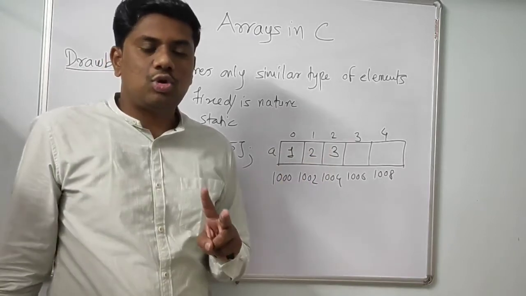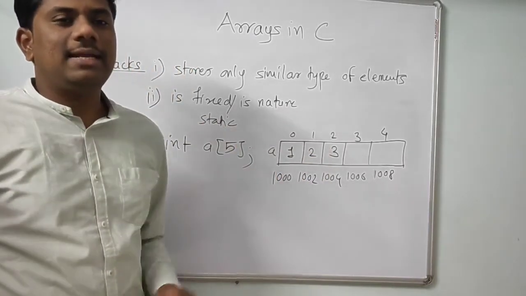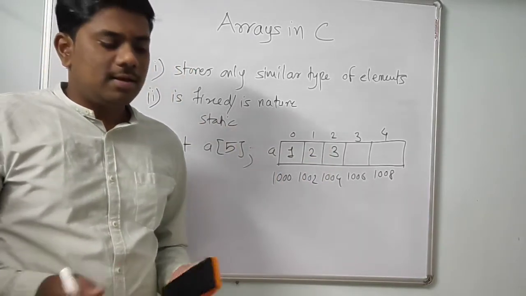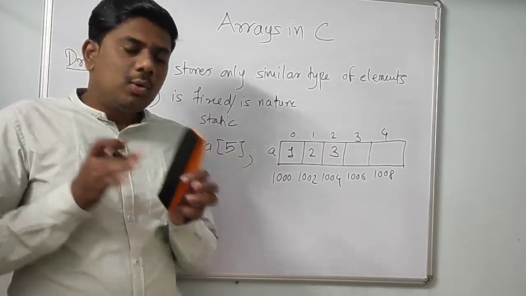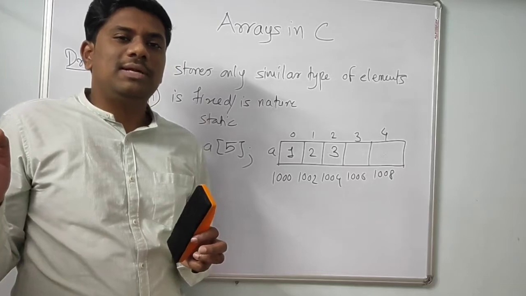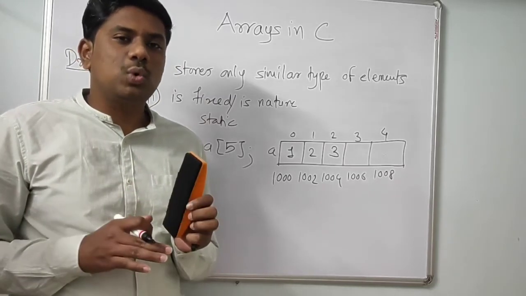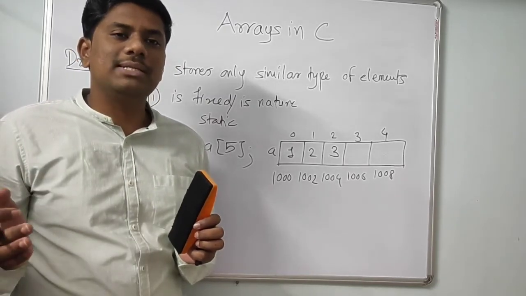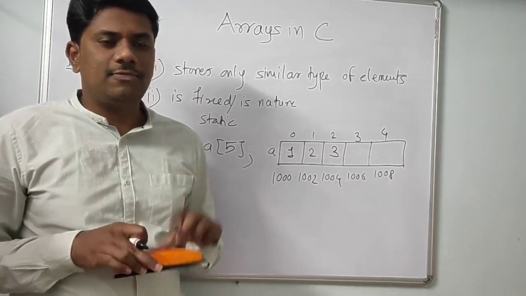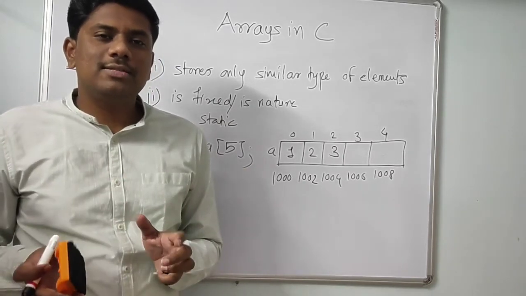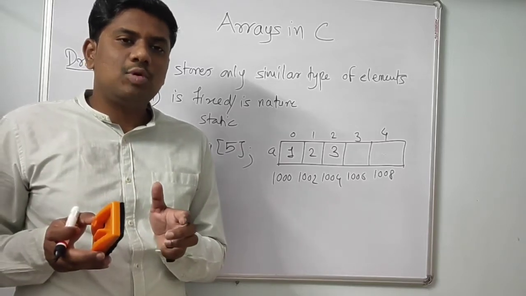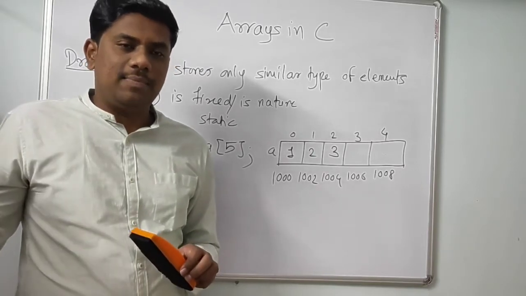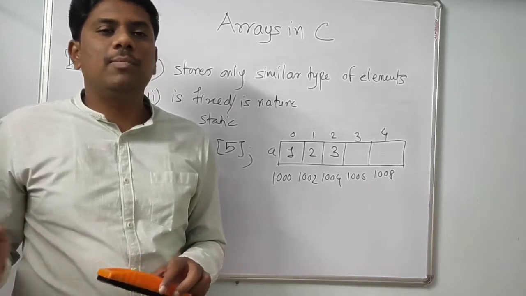So see, there are 2 drawbacks you are getting because of the static nature of array. First drawback, if you declare an array with some size, you can store only that number of elements in your array. You can't store more elements than the size of the array. Second drawback is if you store fewer elements than the size of the array, then the remaining memory will be wasted.